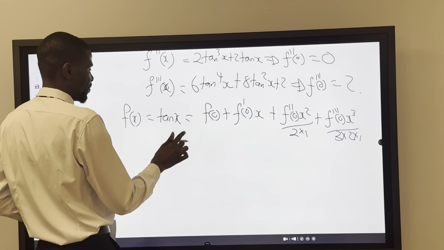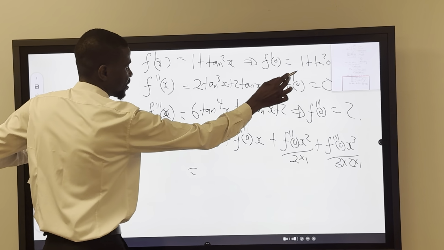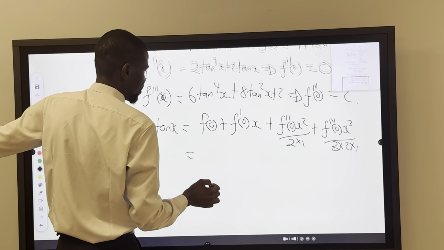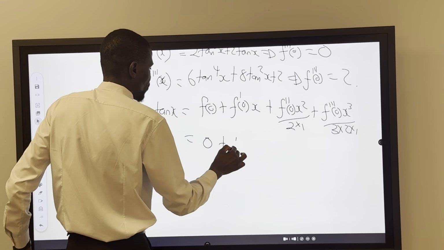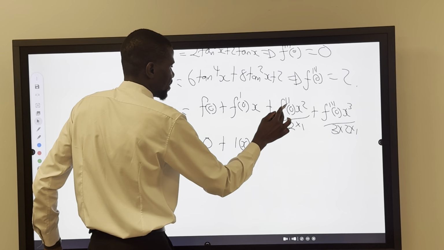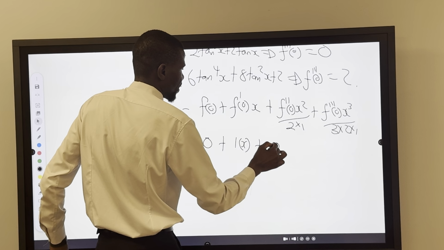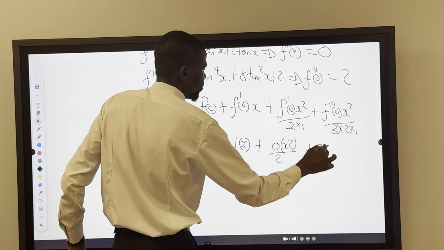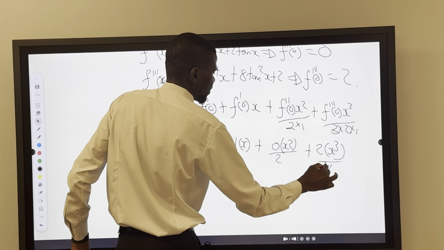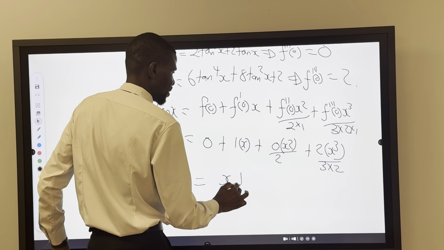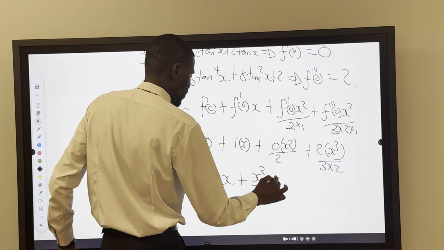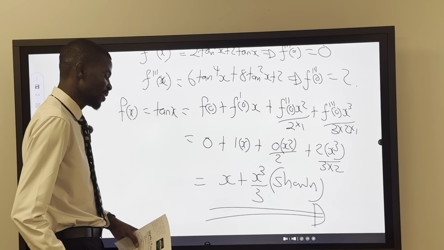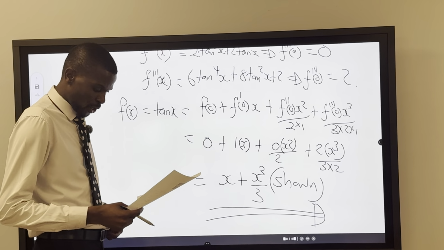So now if I plug in these values, 0, 1, 0, 2, it's now 0 plus 1 times x, plus 0 times x squared over 2, then plus 2 x cubed over 3 times 2, which is just x plus x cubed over 3. And we are done. This is exactly what we should show.